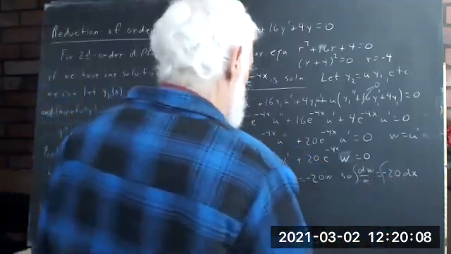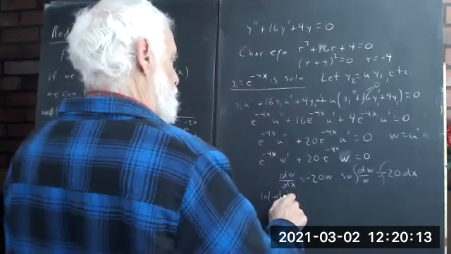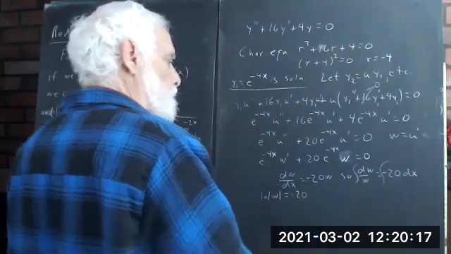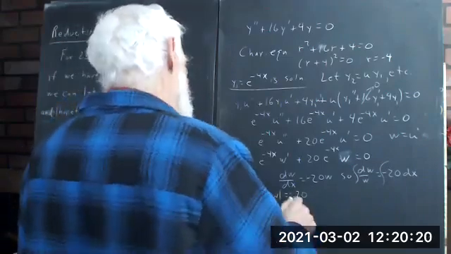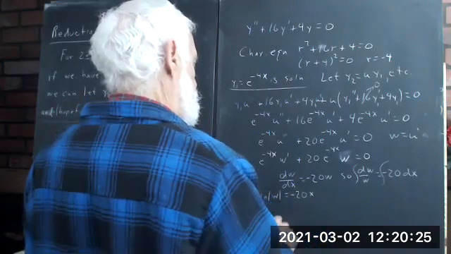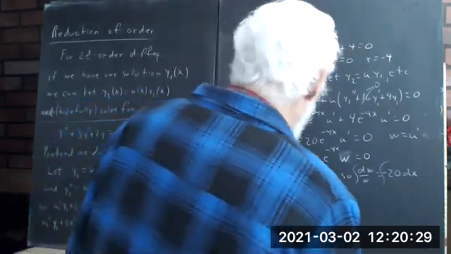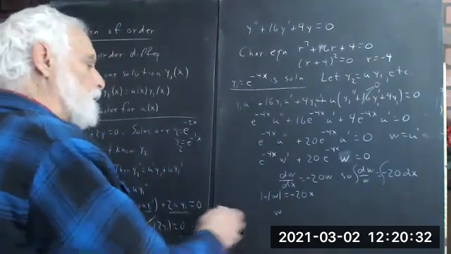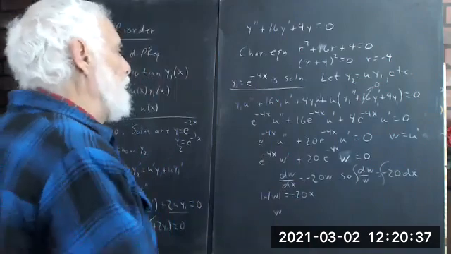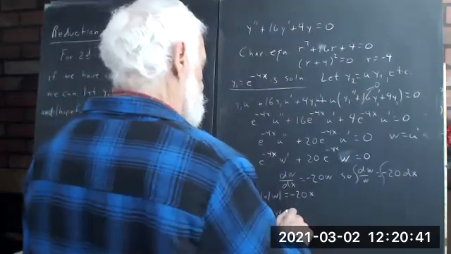Rearrange this, integrate it. Negative 20 can't be right. We don't need the integration constant because when we exponentiate both sides, that just becomes a constant out in front. And if we have a solution, any scalar multiple of a solution is going to be a solution.